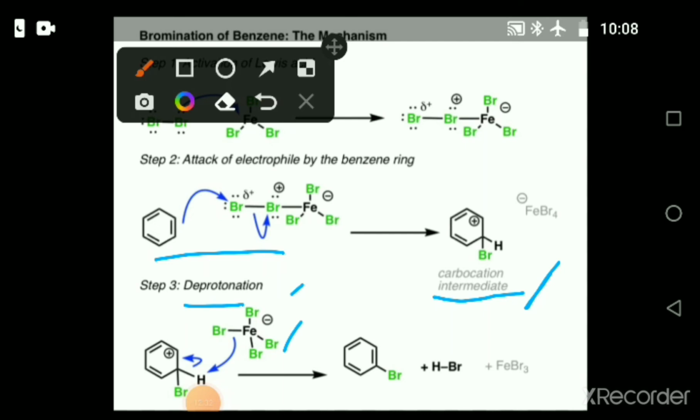The benzene ring with Br is called a halobenzene, and the HBr byproduct plus the FeBr3 catalyst remain. This is about the mechanism of halogenation.